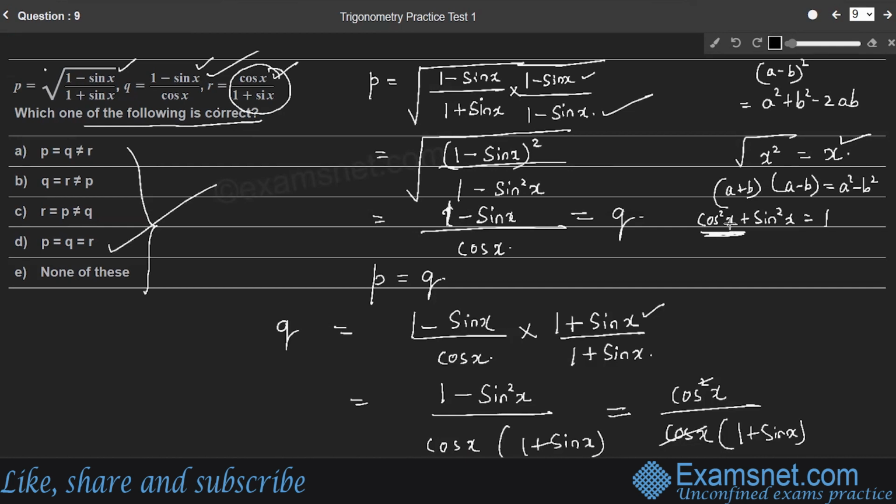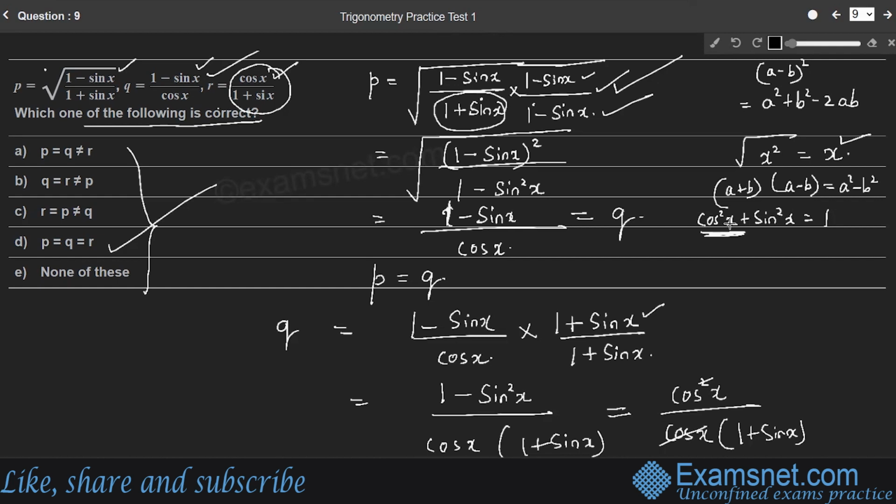First, we need to check whether P is equal to Q or not, right? For that, considering equation 1, P is equal to... So multiply and divide by the inverse of the denominator. The inverse of the denominator is 1 - sin x here, right? So there will not be any change in the equation.